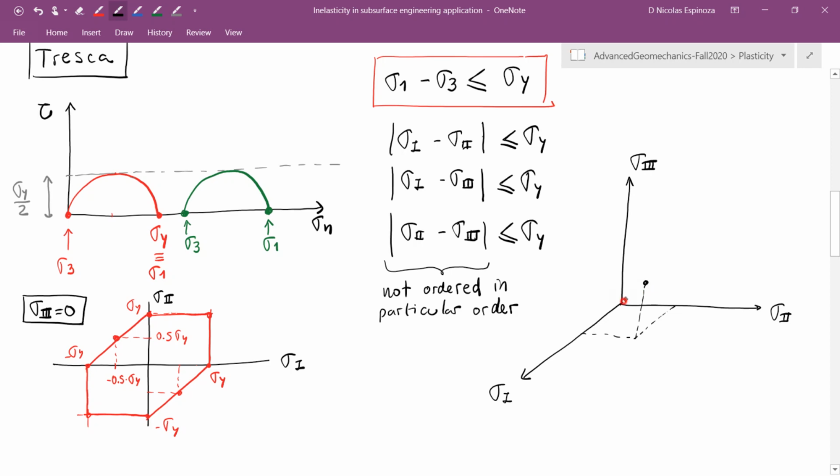And along this axis, which is a line in 3 dimensions, sigma 1 is equal to sigma 2 and equal to sigma 3. And again, this is called the isotropic or the hydrostatic axis.